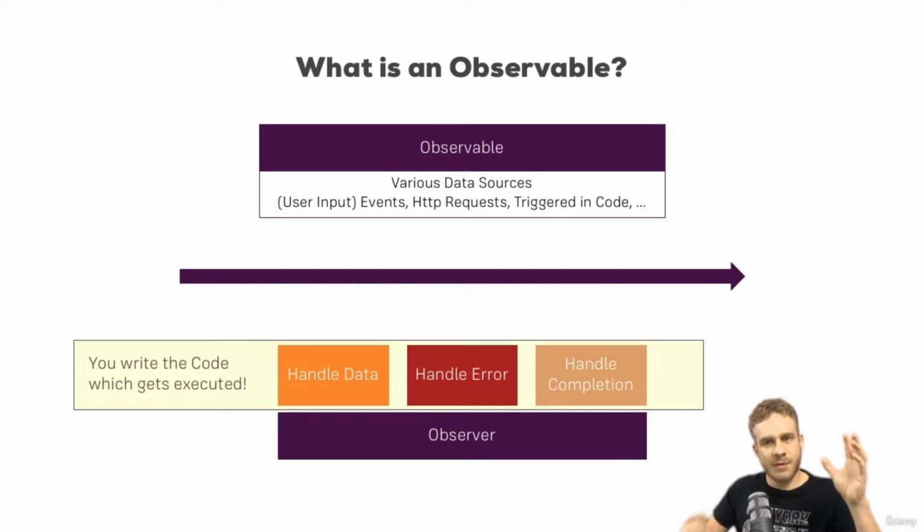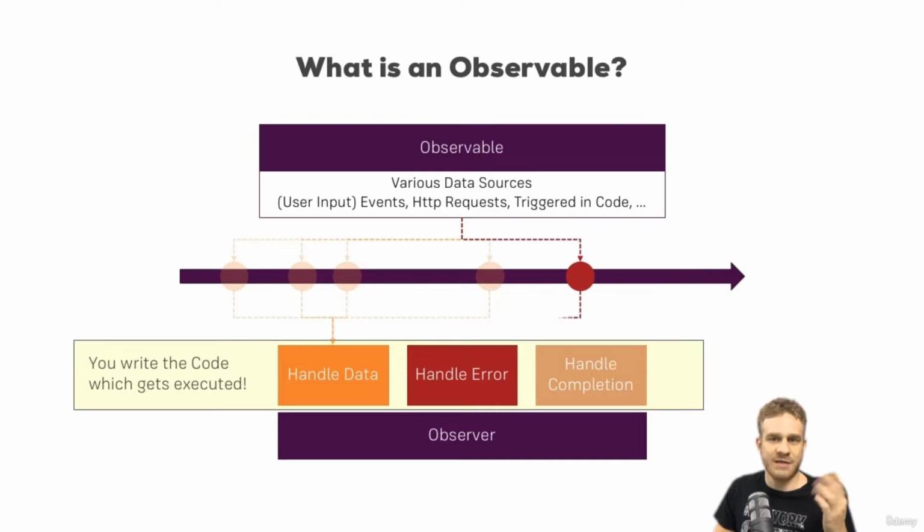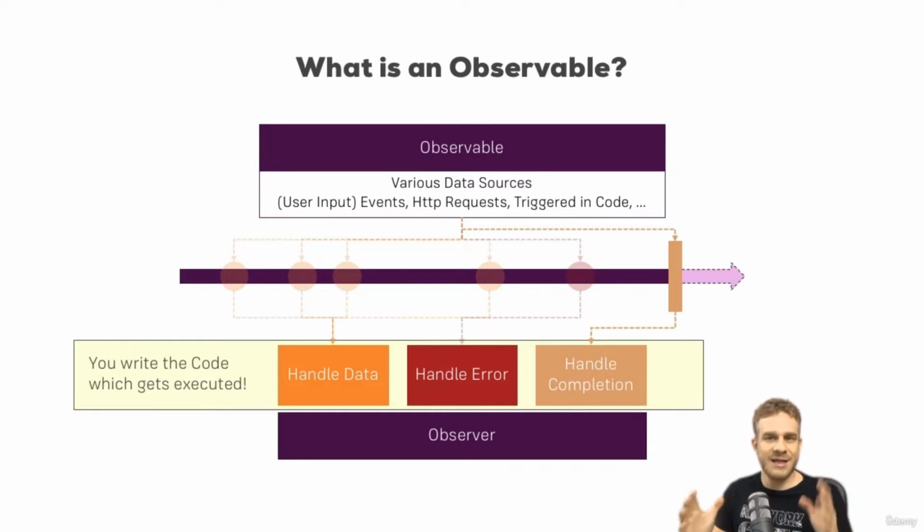So we got our observable and we got our observer with the three buckets, or the three hooks, where different code is executed depending on the type of package we receive. The observable might emit a couple of normal data packages, it might emit an error, or eventually it might get completed, and the respective code is then executed. So that's the theory. Let's now take a closer look in our actual project.